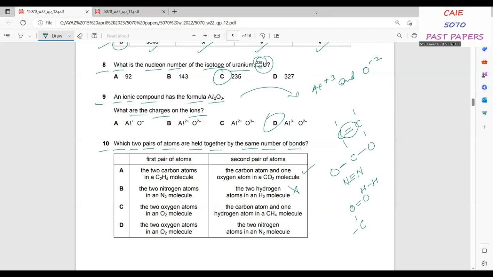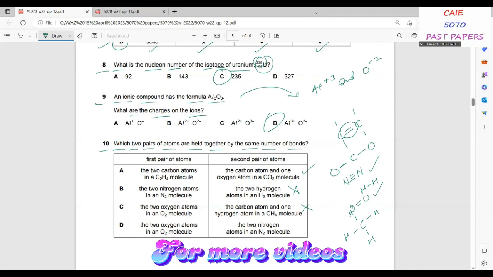This is CH4. If you count the number of bonds, these will be 4. In case of oxygen, it's 2. So this is again wrong. D, the two oxygen atoms in an O2 molecule. O2 I mentioned. The two nitrogen atoms in an N2 molecule. This is N2. So this is again wrong. Only A is the right choice.